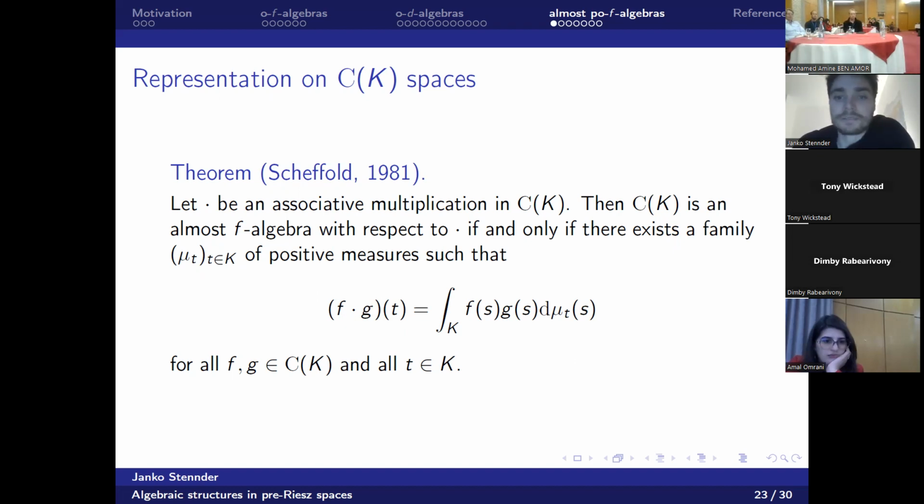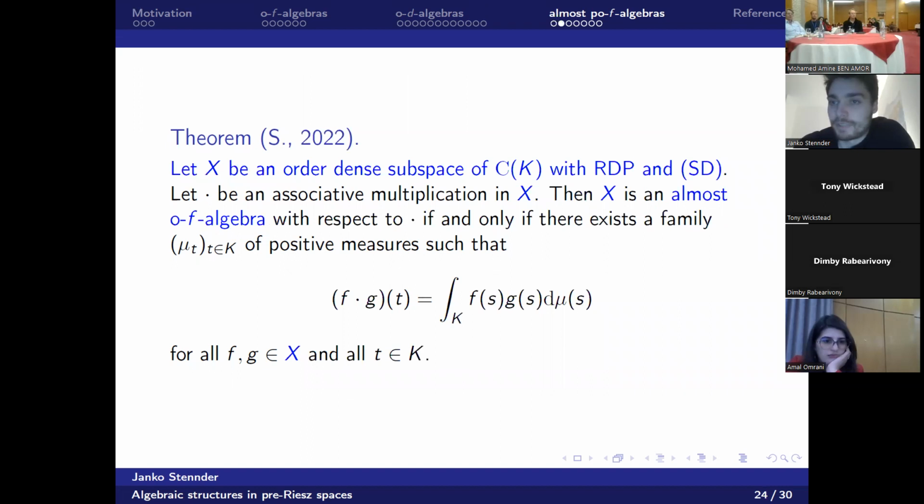And then I tried to prove the same thing in partially ordered vector spaces, so an order dense subspace of C(K). But in this case, we in addition need the Riesz decomposition property. Of course, we need SD again, because otherwise disjointness doesn't really mean anything. But if we in addition assume RDP, we get basically the same representation as in the vector lattice case.